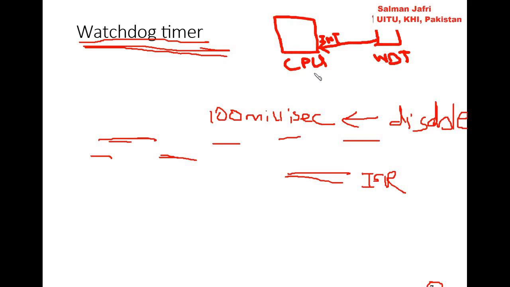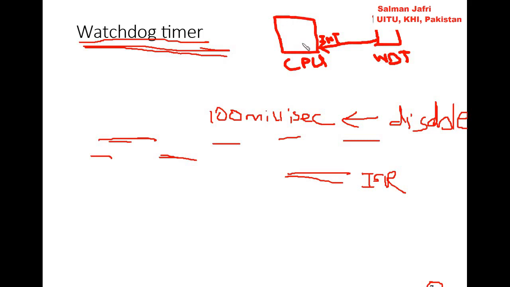For example, the CPU might be put into sleep mode or hyper sleep mode, in which case the main clock of the CPU has been stopped. But the beauty of the watchdog timer is that its clock source is separate, so it can operate even when the main CPU clock has stopped.